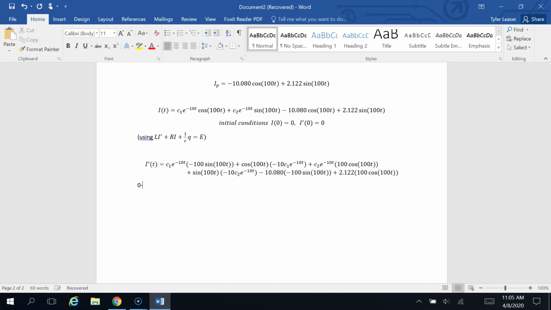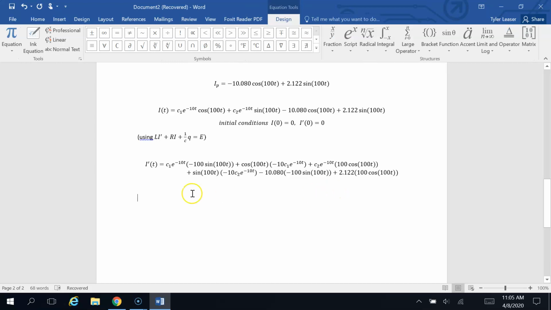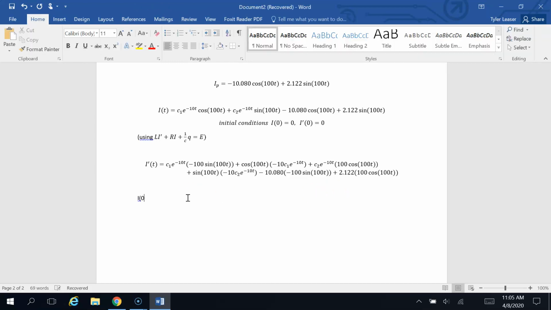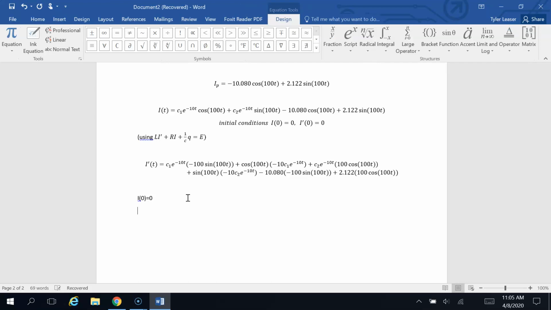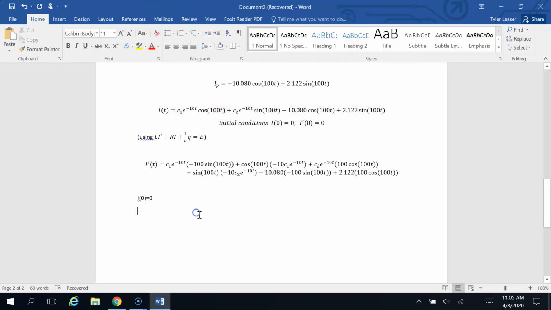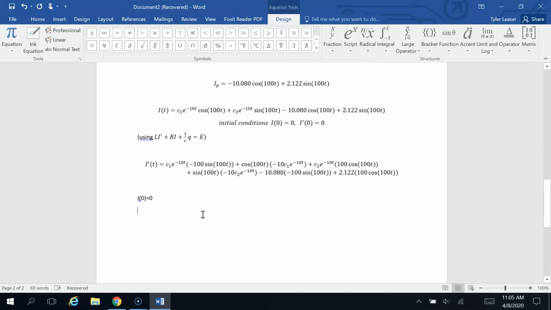So we're going to get 0 is equal to... I guess we should decide which initial condition we're going to do first. Let's just do the regular one: I of 0 is equal to 0. So that's going back up to this equation up top here. Okay, great. So we get 0 on the left-hand side. If I plug t to be 0 into this first term, e to the 0 is just 1, cosine of 0 is 1, so I just get the c1.